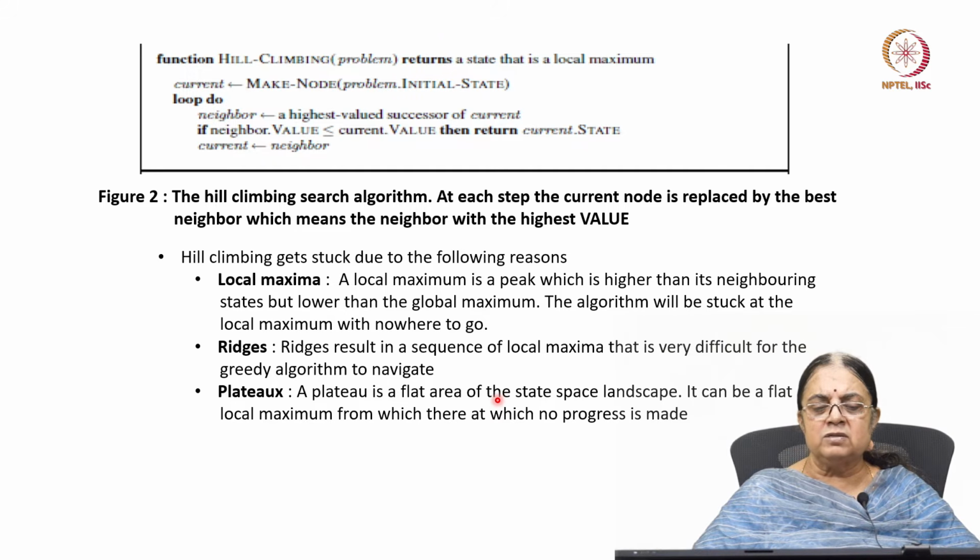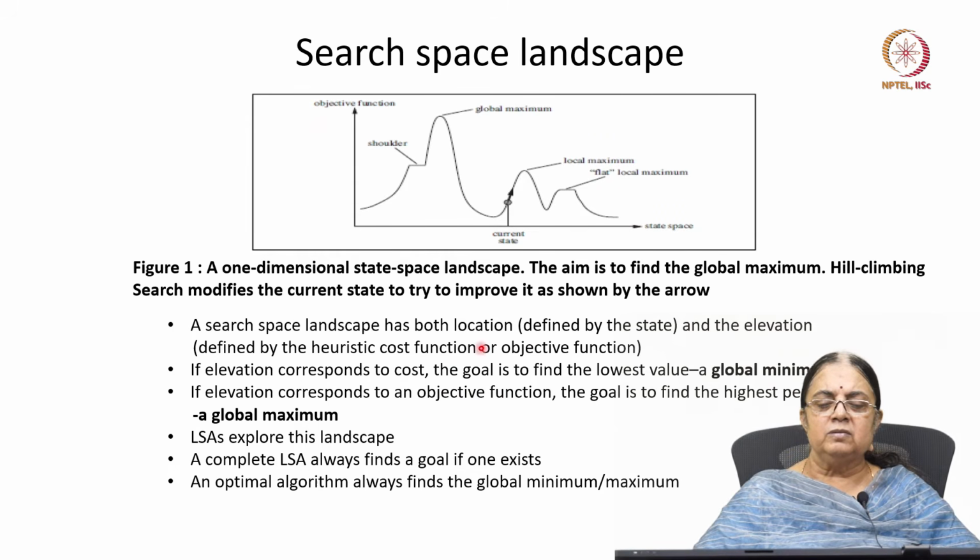So if we look at this figure over here, we can say that this is your local maxima. If this is your global maximum, and if you are moving from this point, you will get stuck at this local maximum, and it will give this local maximum as the global maximum.